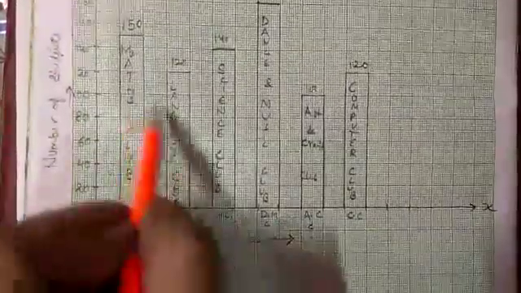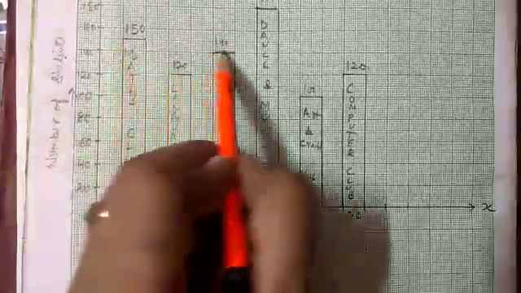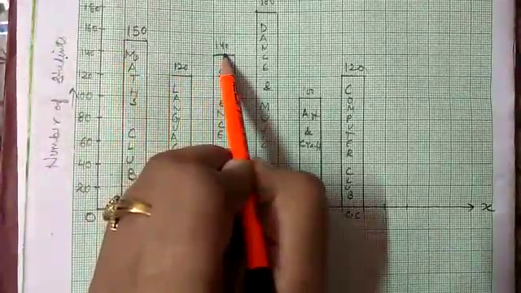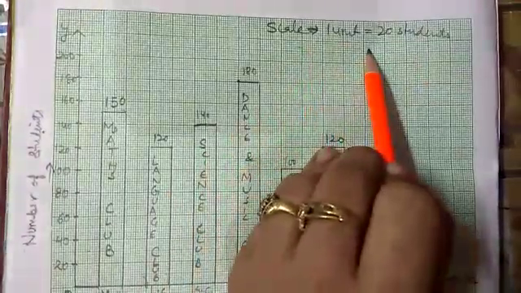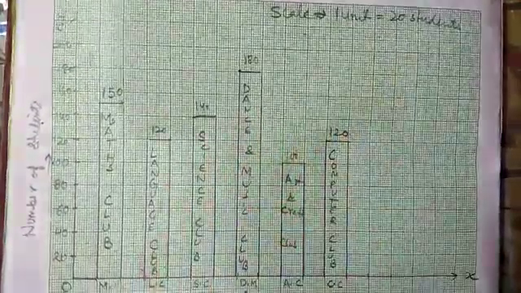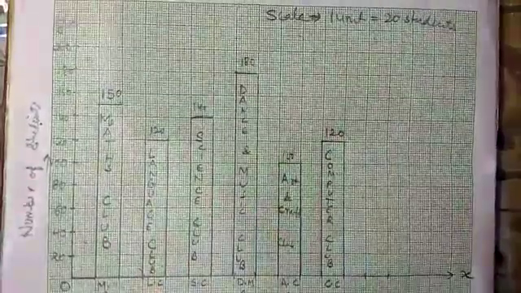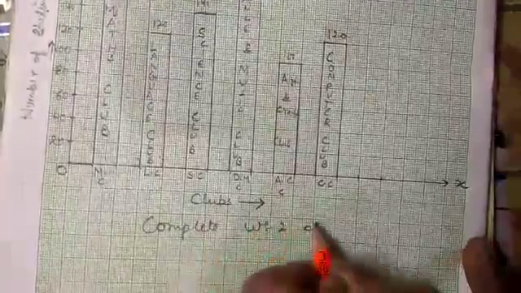It's compulsory to write the number of students, the names of the clubs, the names of these values, what value each bar represents, and the most important, the scale. Okay. Now you will try to complete your worksheet number 2 of chapter 16. Thank you.